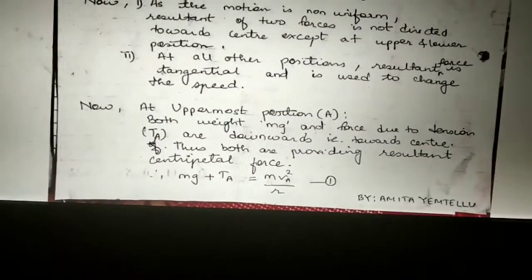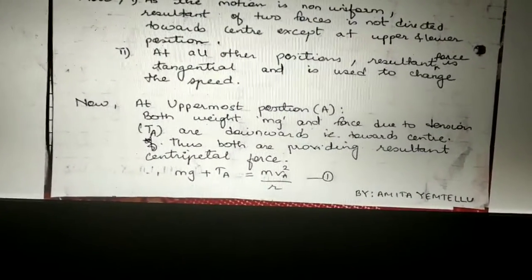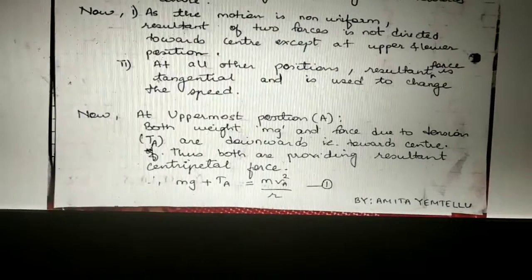Now we will find the equations for the net forces and velocities.